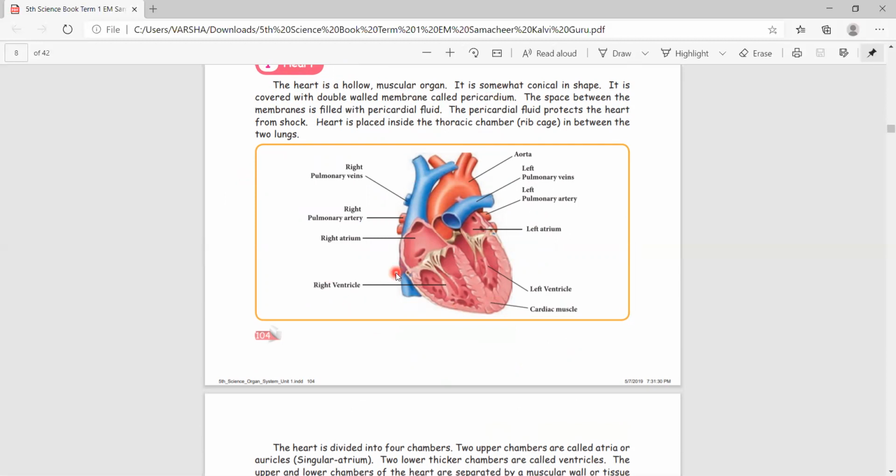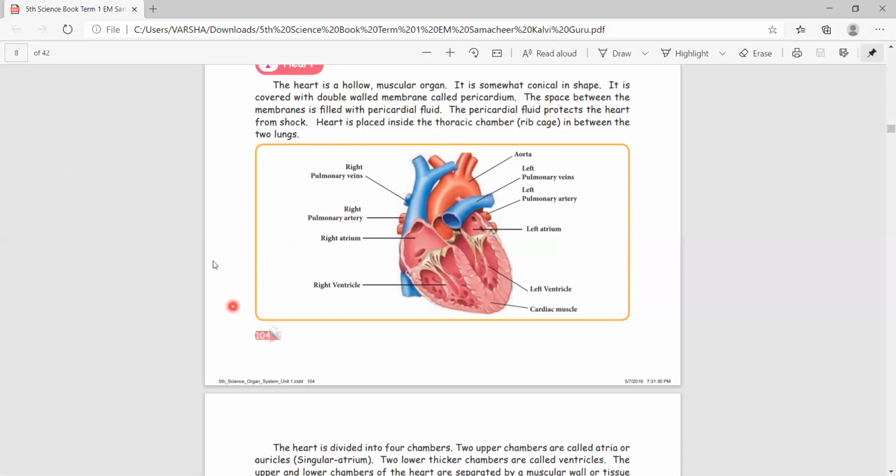It is somewhat conical in shape, cone-like, and it is covered with a double-layered pericardium. The space is filled with pericardial fluid, and this fluid protects the heart from shock.